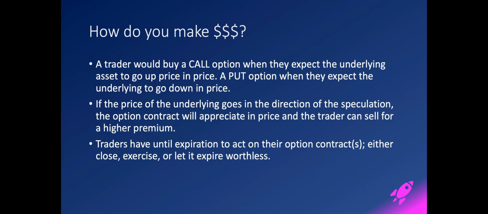Now, traders have a couple of options with their option contract. They have until expiration to act on them. Either they can close their contract, which means if they bought a call or they bought a put, they sell the call or put for a profit, or if their speculation was wrong, or for whatever reason, they sell for a loss.